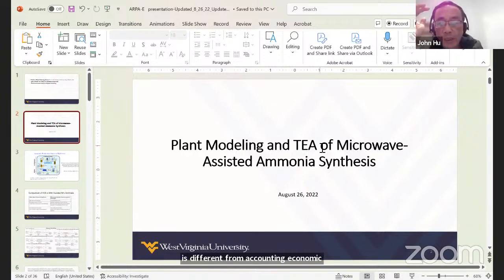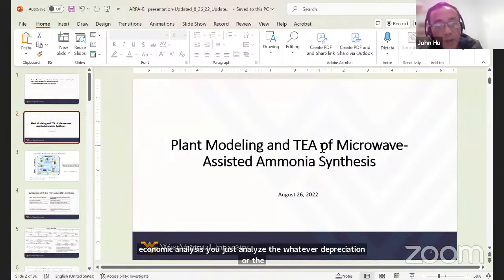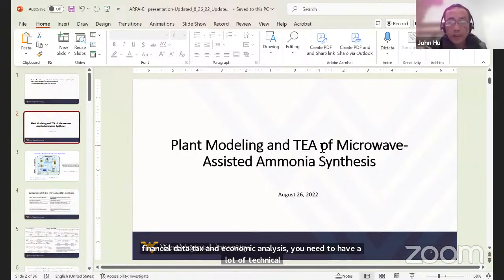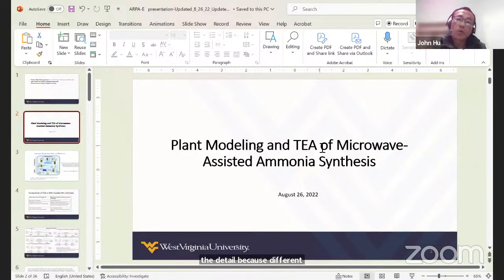In accounting economic analysis, you just analyze depreciation or financial data. In techno-economic analysis, you need a lot of technical detail, because different technical data will create different economic outcomes. Follow me? That's why today I'm going to show you several low pressure ammonia separations, which will cause different economic consequences. Make sense?